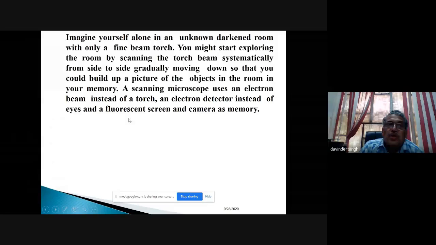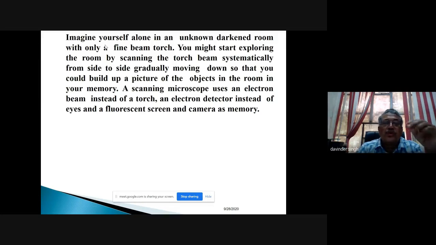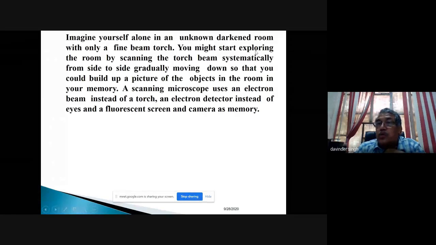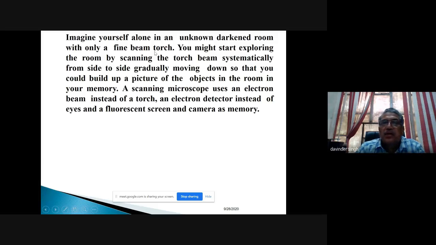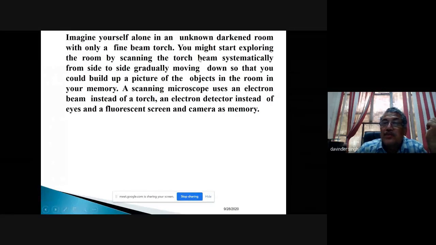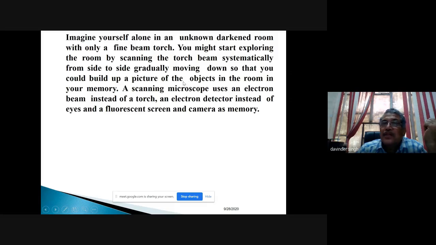A very simple example: imagine yourself alone in an unknown dark room with only a fine-beam torch. You have a torch and a big dark room. What do you do? You might start exploring the room by scanning the torch beam systematically from side to side, gradually moving down, so that you could build up a picture of the objects in the room in your memory.